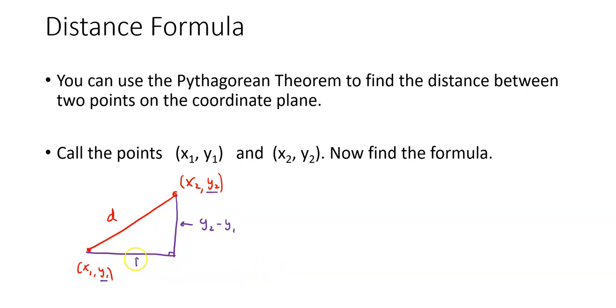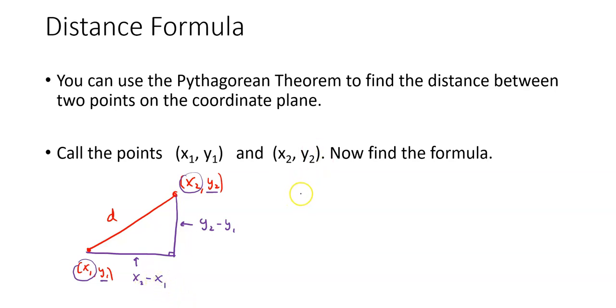Let's look at this length over here. If x2 is the larger value for x, right, the ones to the right are going to be the larger values. The ones to the left are going to be the smaller values. So this distance down here is the right value minus the left value.